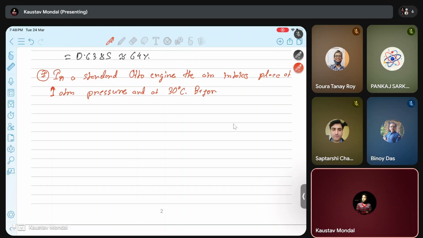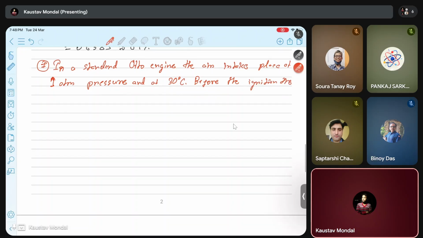Before the ignition, the pressure of the combustion chamber is 16 times the initial pressure.